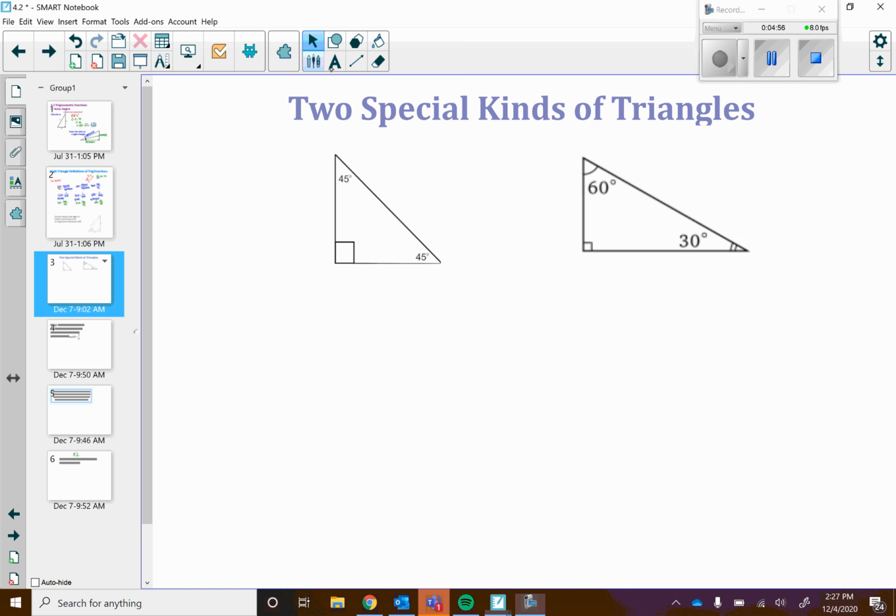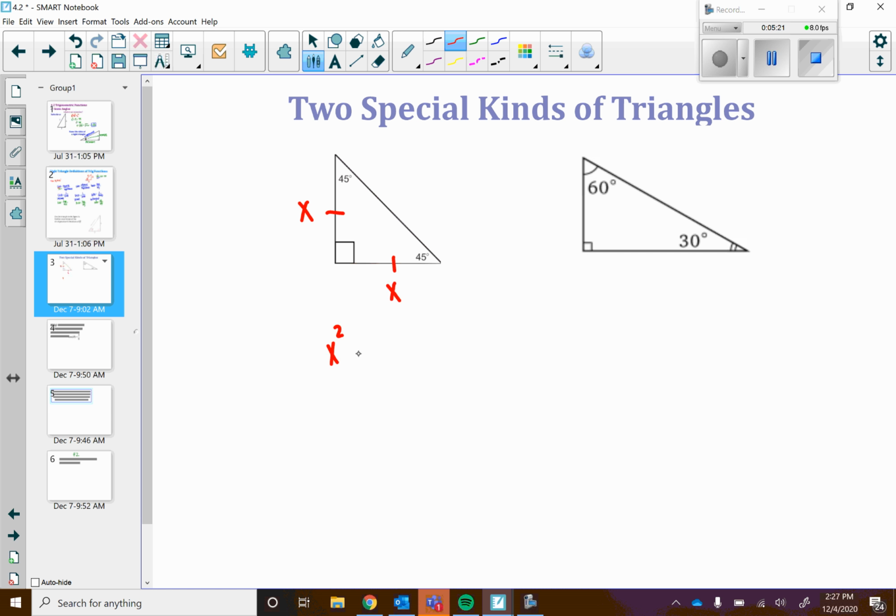The last thing I want to show you in this set of notes before we do the examples in class is two very special kinds of right triangles. The first is a 45-45-90 triangle, and the second is a 30-60-90 triangle. Maybe you remember things about them, maybe you don't, and honestly, either is okay. But hopefully, you do remember, if I have two angles that are congruent, then the sides opposite them will be congruent. So let's say this is x and this is x.